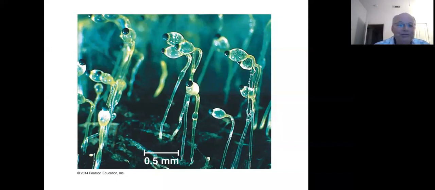But this is how Pilobolus guarantees that its spores are going to wind up in the right place, in amongst the grass, in a sunny spot where they're most likely to be eaten.